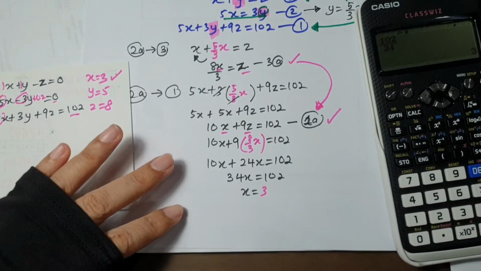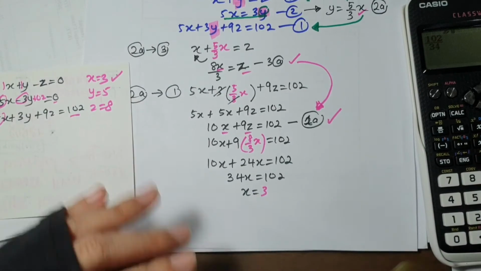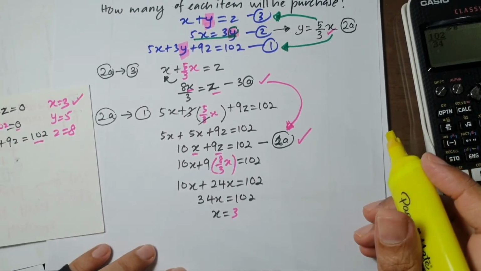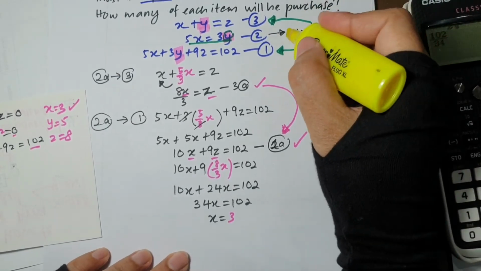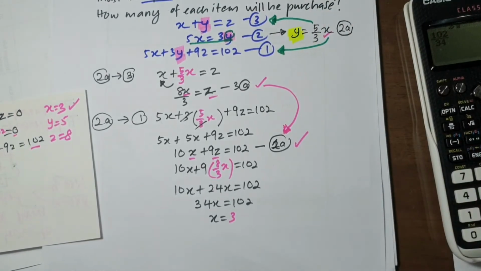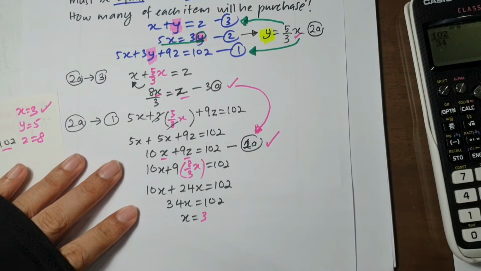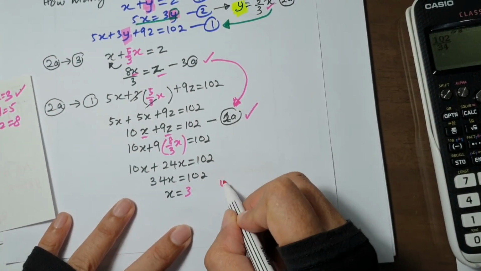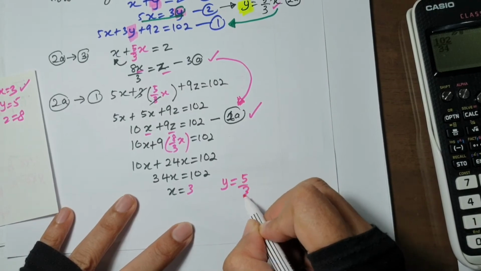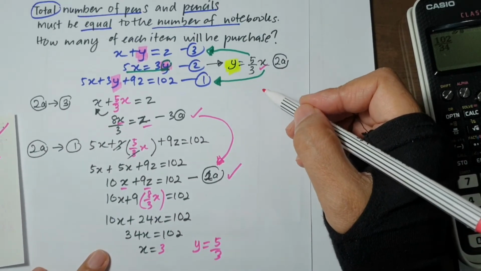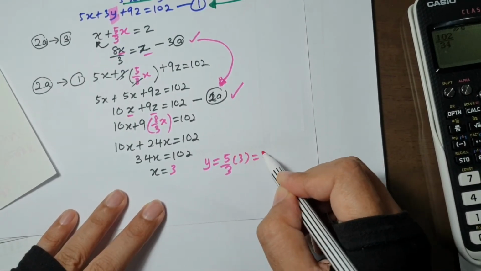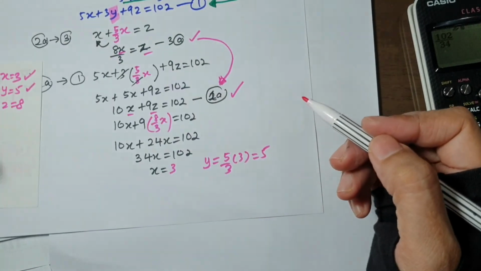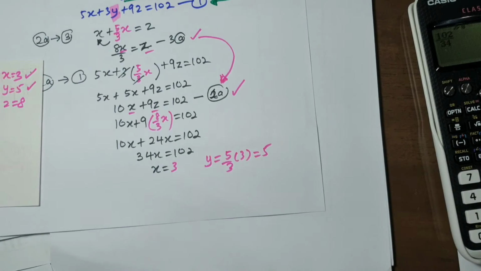Okay, since this is the substitution method, to find y, you look for which equation has y as the subject. Okay, so put in 2a. So when x is 3, y is 5/3x. Your x is 3. So you get 5. So is it correct? Yes. Next, to find z.